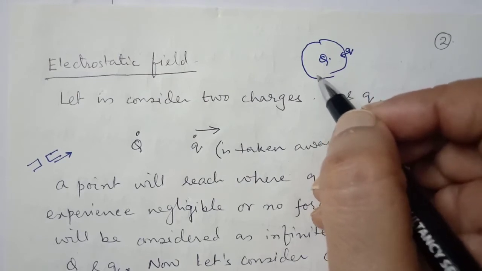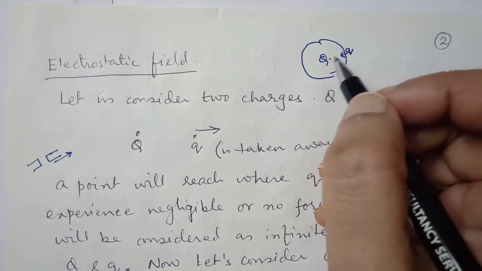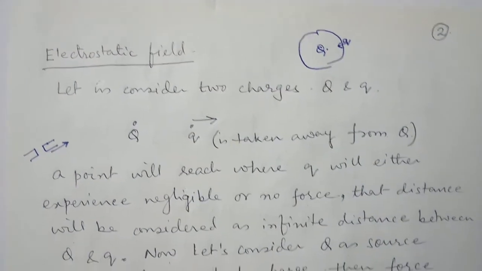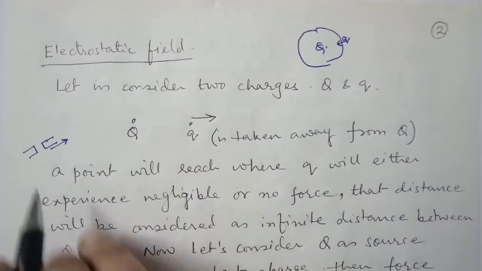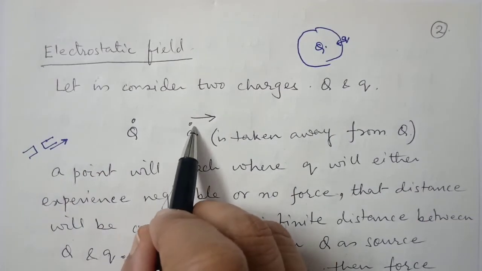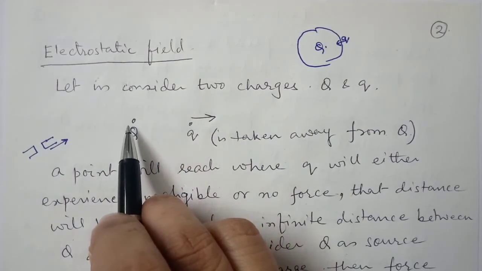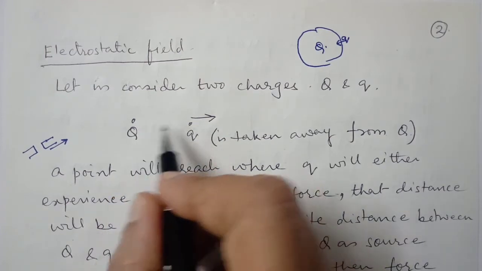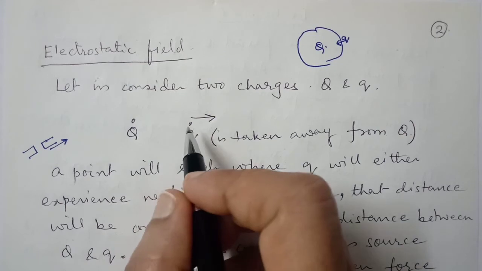So now let me elaborate and explain what this field is. If I consider a charge q like this at a distance of R from capital Q, then it experiences force k Q q upon R square.